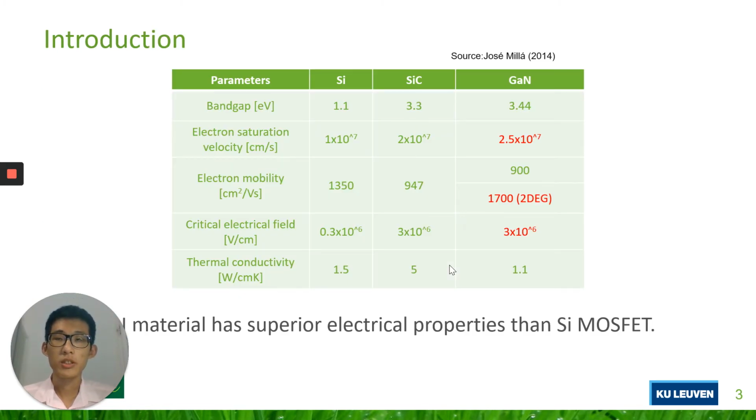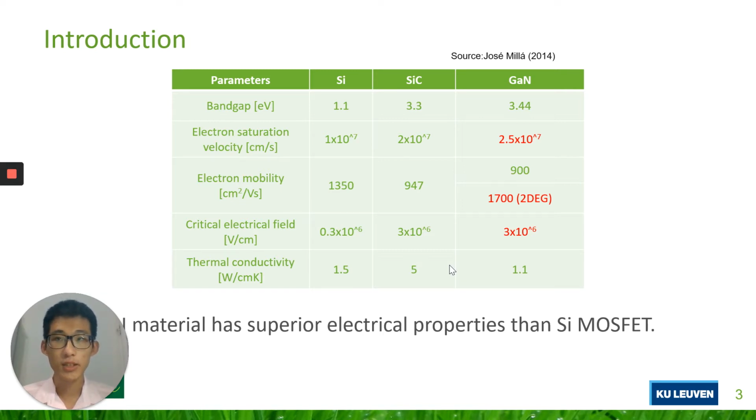So why do we choose gallium nitride materials as power electronic devices? Because of the superior electrical properties. From the table, we could see that for the wide bandgap materials such as silicon carbide and gallium nitride, the electron saturation velocity is 1.5 times more than that of silicon MOSFET.